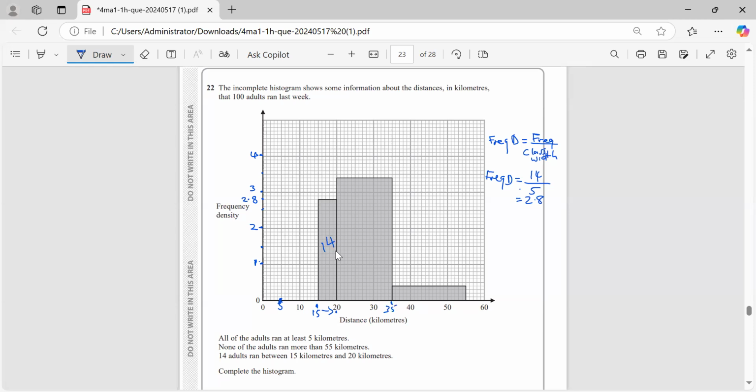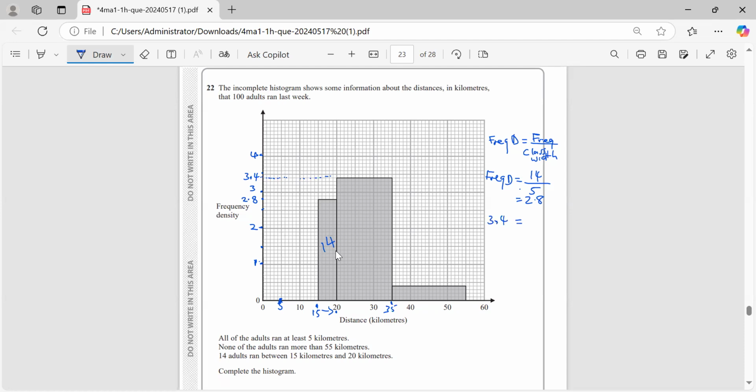From 20 to 35, the frequency density, according to this histogram, is 3.4, because the height of the histogram is going to show you the frequency density. So for the class from 20 to 35, the frequency density is 3.4.